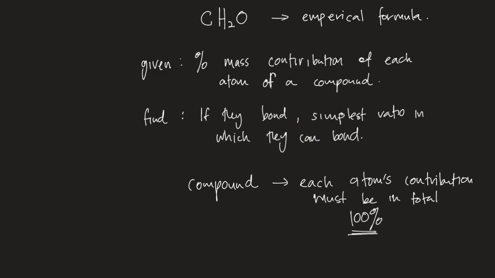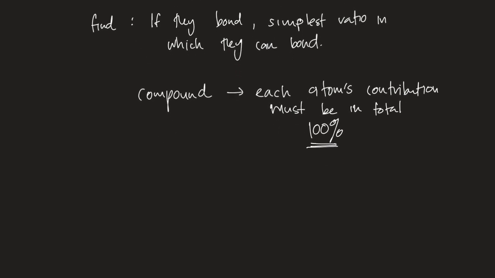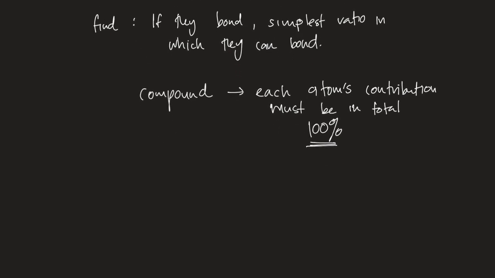That's the first thing. The reason for that is when I'm finding the empirical formula, my sample size must be 100 grams. Okay, so we can see a link here. If the percentage contribution has to be 100%, then the sample size must also be 100 grams.